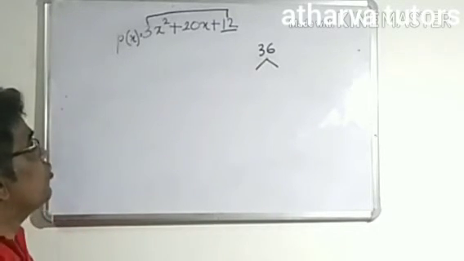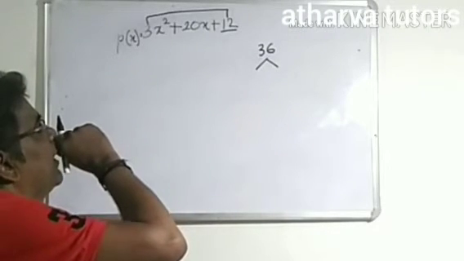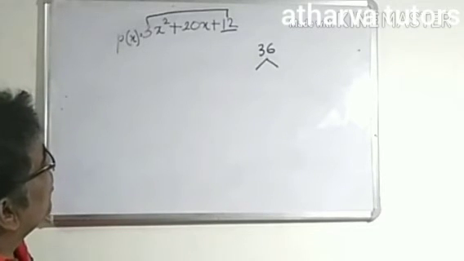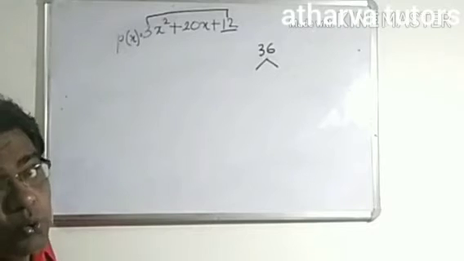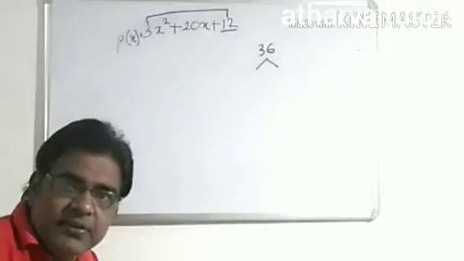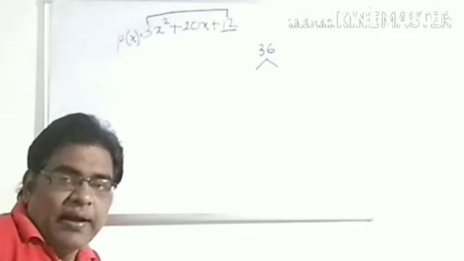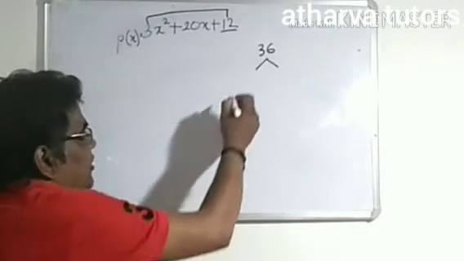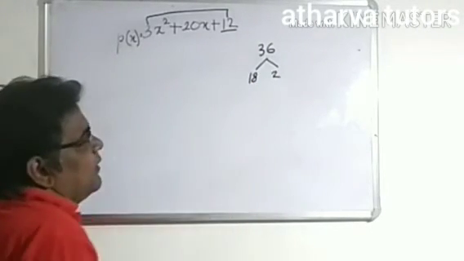So one thing I can do first, 36, if I take 2 and 18, you know 18 times 2 is 36, and 18 plus 2 is 20. Since both are positive, both the numbers will be positive. So 18 and 2 will be those numbers.